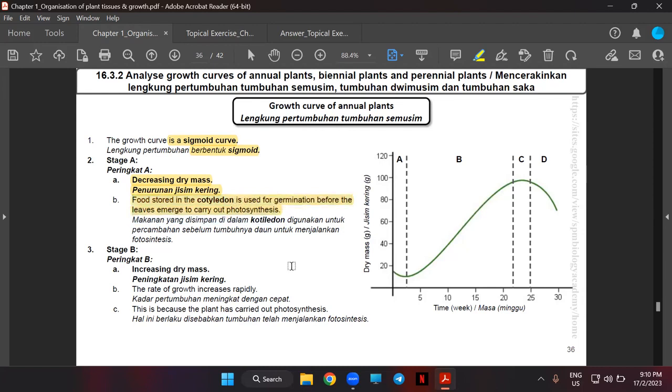You already get 4 marks. Jawapan B ini 2 markah. Makanan yang disimpan di dalam cotyledon digunakan untuk percambahan sebelum tumbuhnya daun untuk menjalankan fotosintesis.